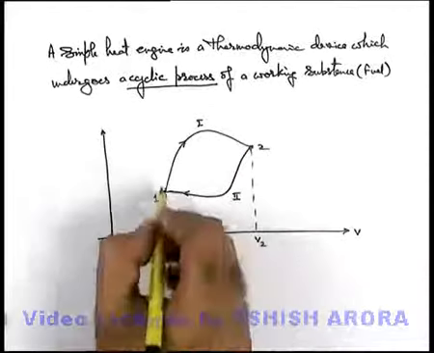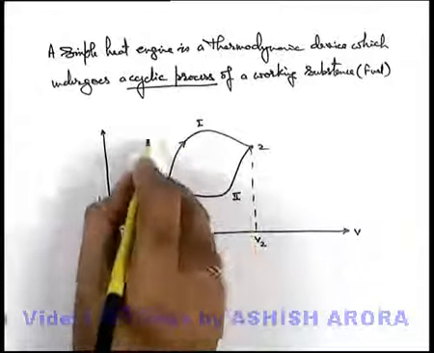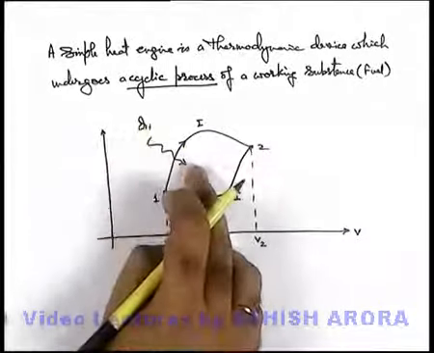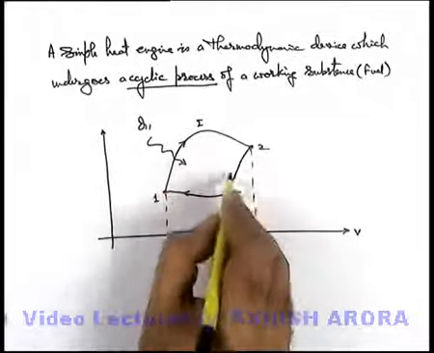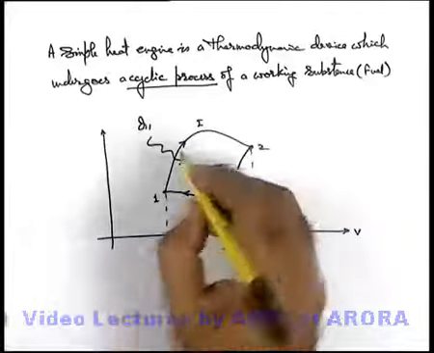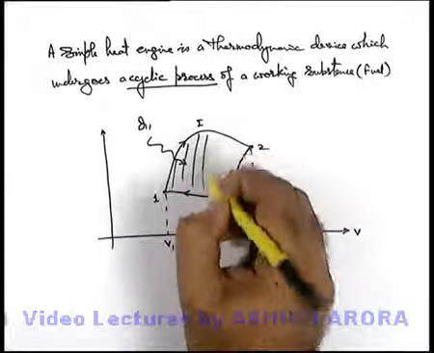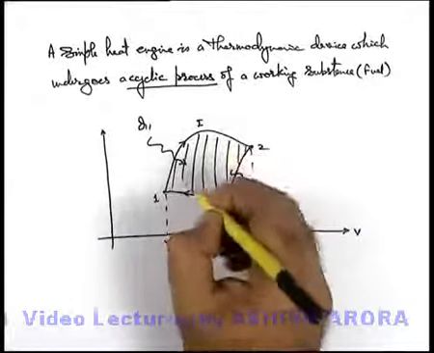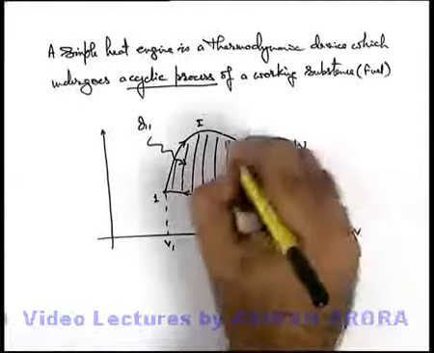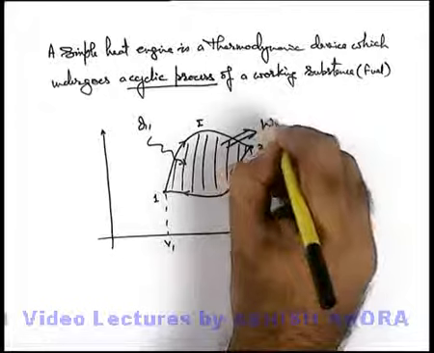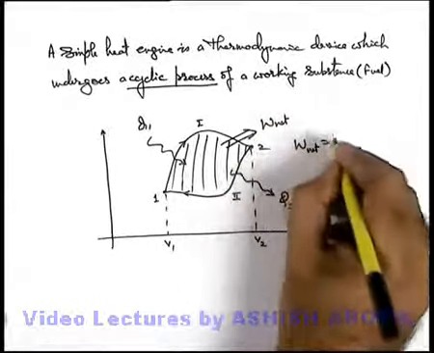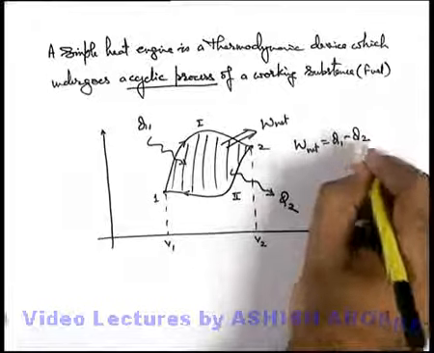So in this situation, when the gas is being expanded, we can say that an amount of heat Q1 is supplied to the system, and when it is being compressed, a heat Q2 is rejected by the system. Now in this situation, the total work done by the gas will be the area enclosed by the PV curve, and this total work which is being done, W net we can call, which is being done by the system must be equals to Q1 minus Q2.